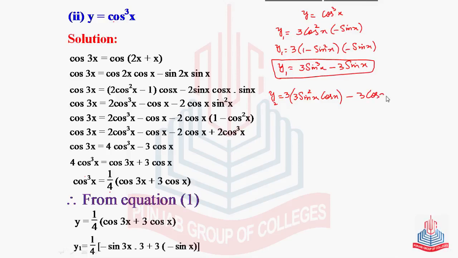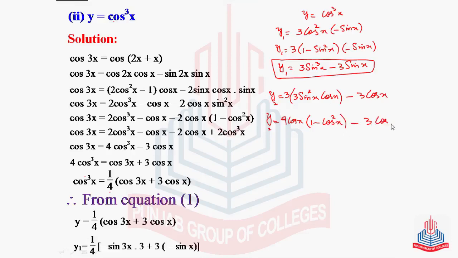Now we can simplify it again in terms of only one trigonometric function. Instead of these two trigonometric functions, we convert this sine in terms of cos. That will be 9 cos x, and sine square can be written as 1 minus cos square x.